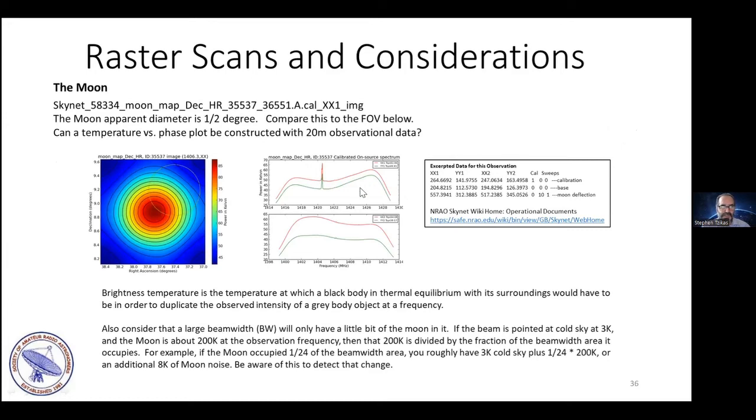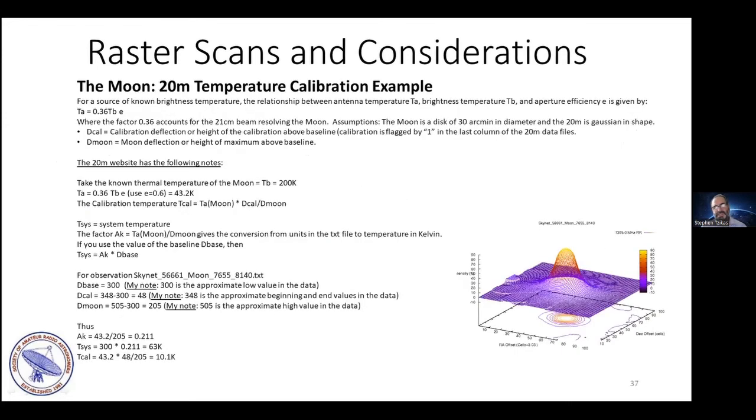This is just some general information. There's an example on the Skynet site with the moon, a 20-meter temperature calibration example. I was trying to follow this to see if that could lead me to that slight change in the moon's temperature. I think the example they used was probably very good data. When I looked at other data, it wasn't so obvious, so I just moved on after a while.